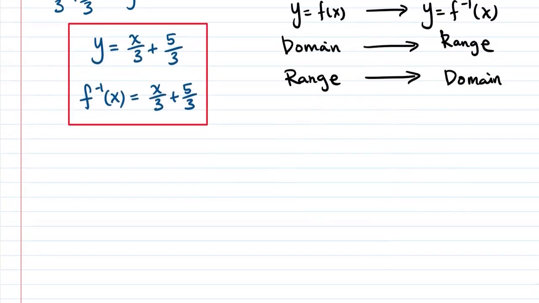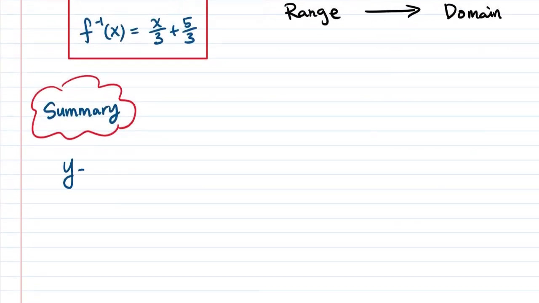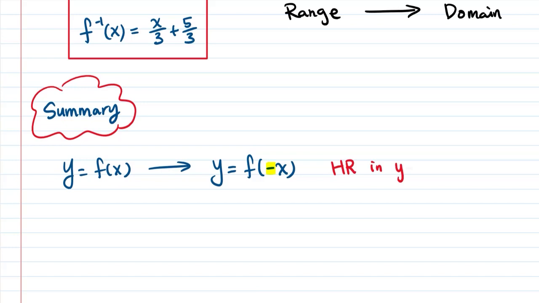To sum up the reflections, let's summarize all types of reflections. y is f of x transformed to y is equal to f of negative x, and that is for the horizontal reflection in the y-axis. y is f of x becomes y is negative f of x.